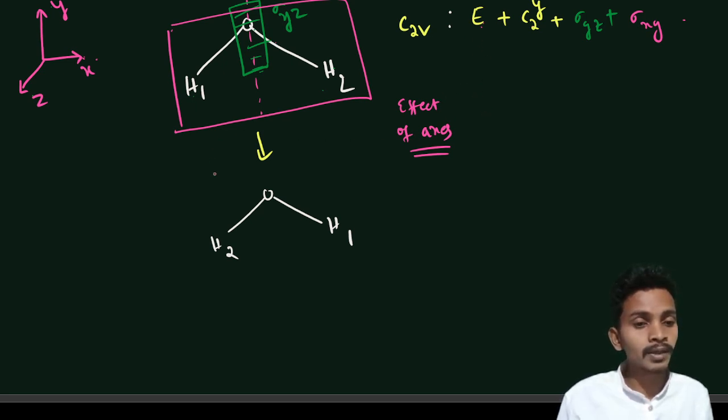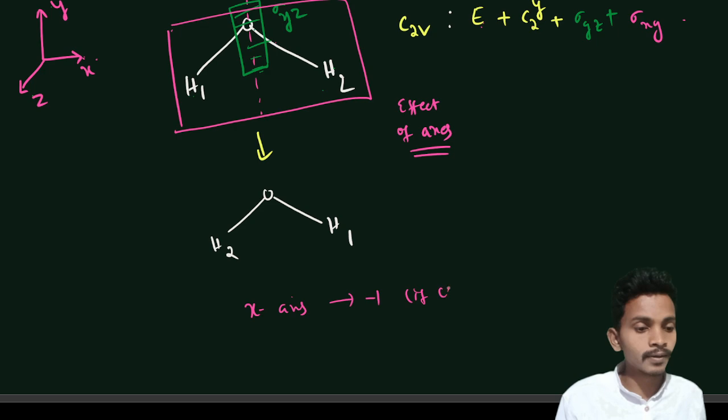So let's say if we are applying x-axis, and due to x-axis, if any change happens to E, then we will write -1 if changes happen. And if x-axis no change, applying this E, then we will write 1, no changes, like that.